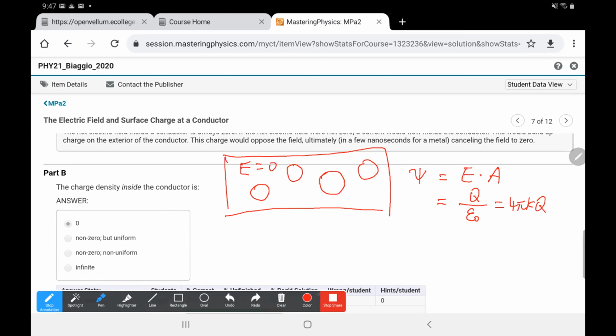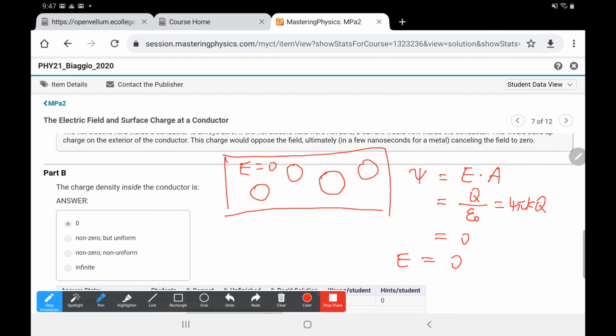Okay, then you will find that anywhere inside the conductor, the charge is equal to 0. So the flux is equal to 0, and 0 over the total area of the surface is the electric field. So the electric field is equal to 0 anywhere inside the conductor, right?